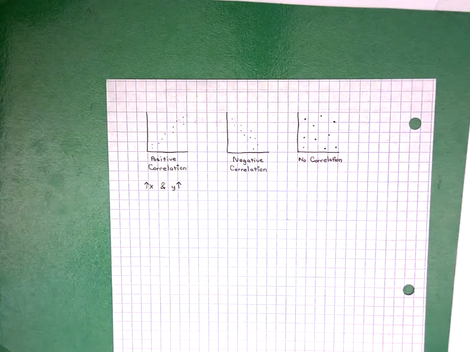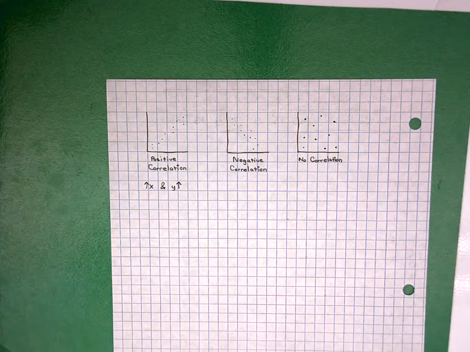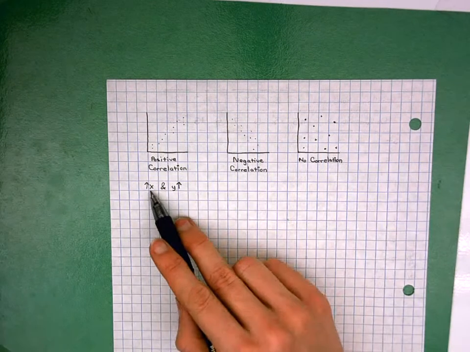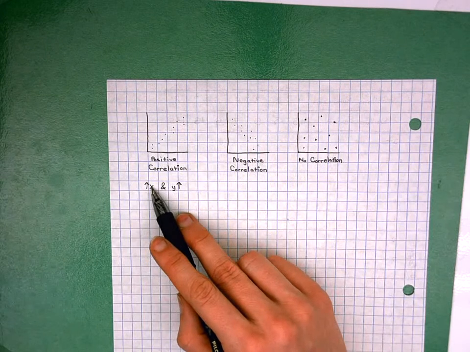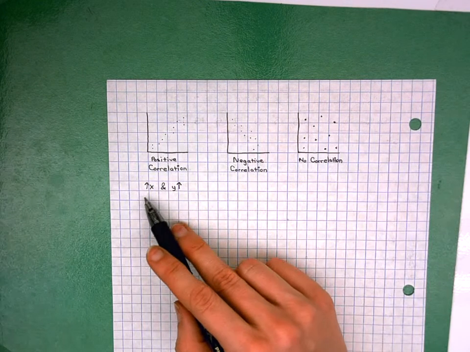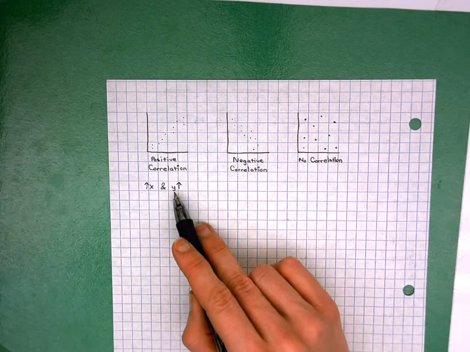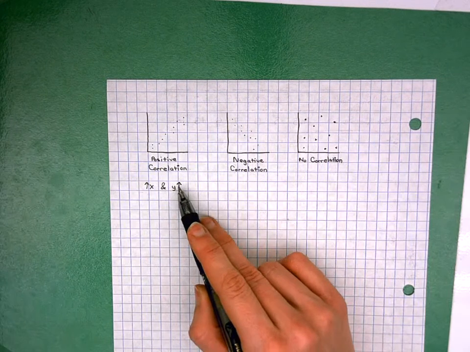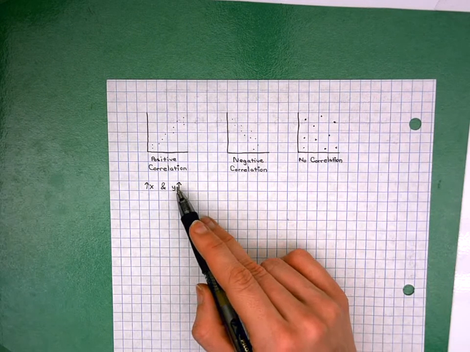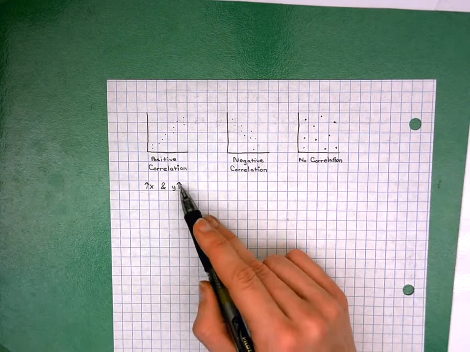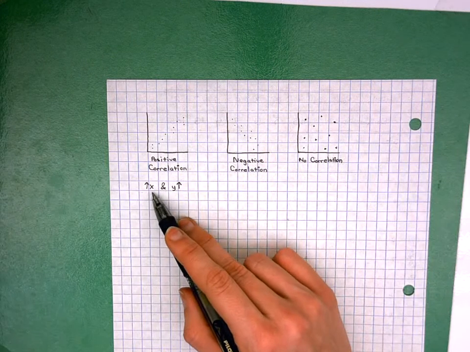For example, if you were calculating the amount of ice cream sold compared to temperature, as temperatures outside rise, we're entering the 80s and then the 90s and then the 100s, the amount of ice cream sold would go up, because people are going to buy more ice cream when it's hotter outside.